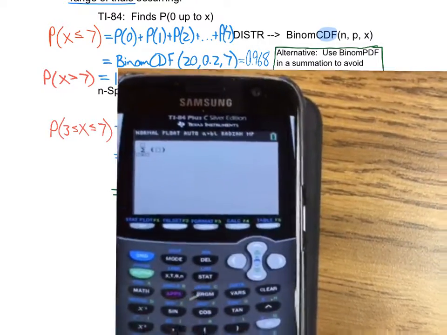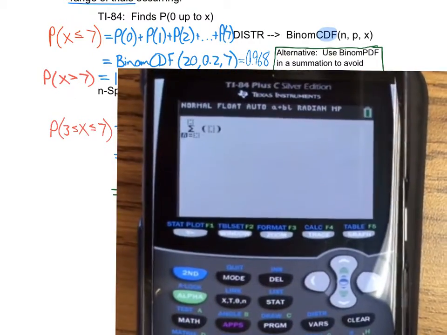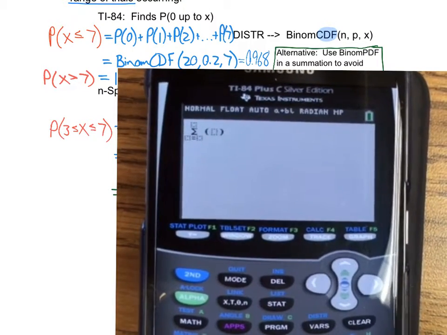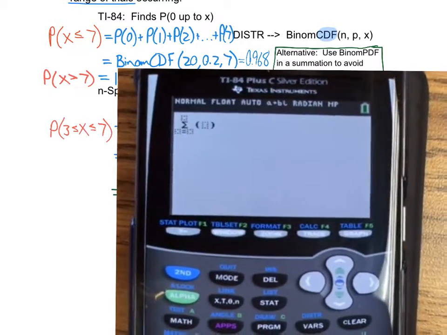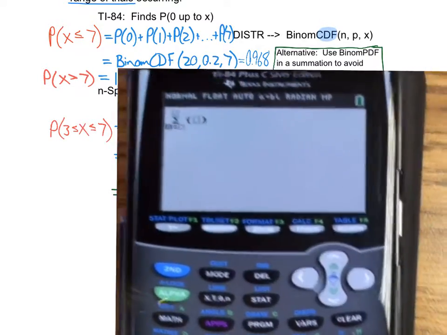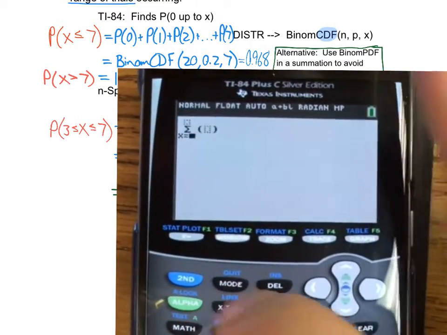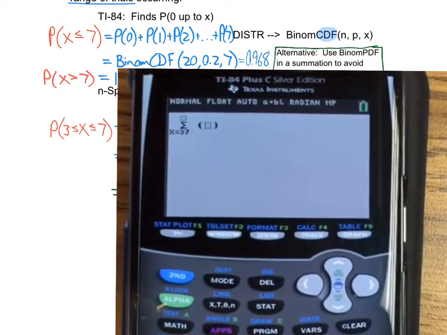Now here's again where the 84 is really nice. It gives you this little template to fill in. The 83 is a real pain to use. Don't even bother, because you'll never remember the order to put everything in. So what we're going to do is x equals 3 to 7.